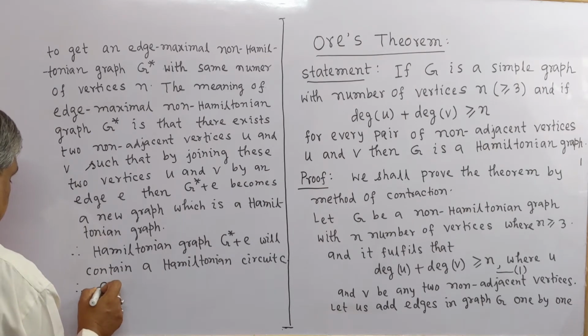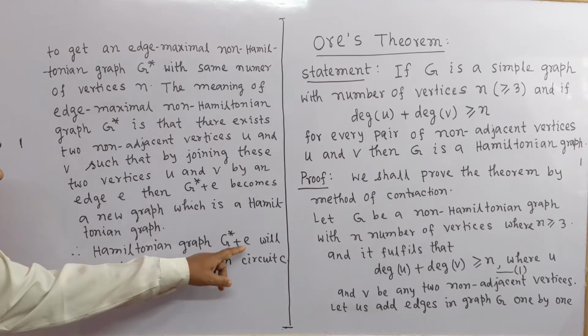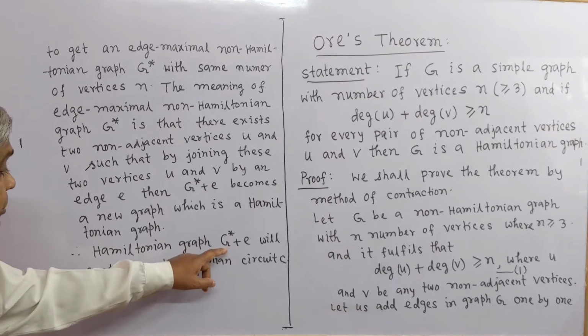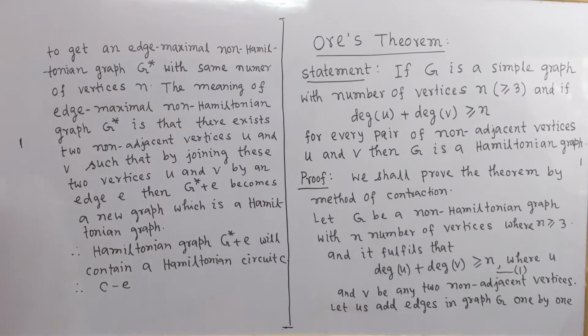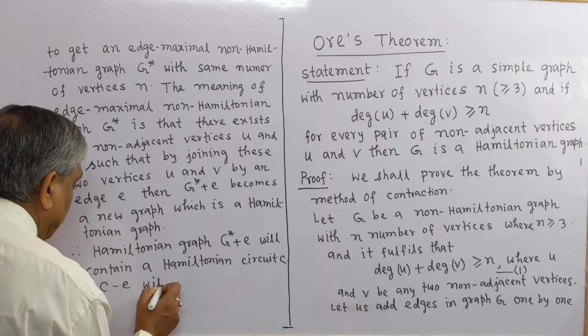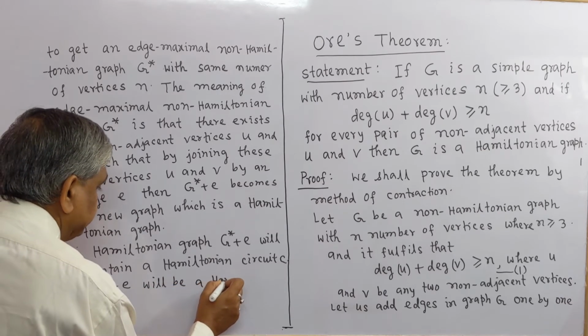Therefore, C is the Hamiltonian circuit and E is the edge which was added to the edge maximal non-Hamiltonian graph G star. Therefore, C minus E will be a Hamiltonian path.